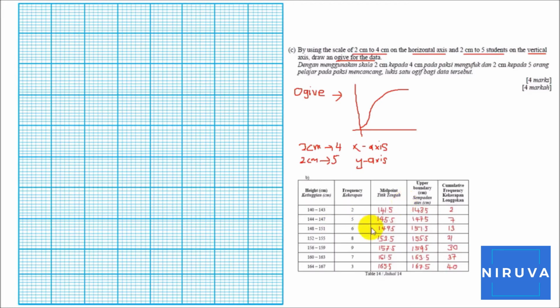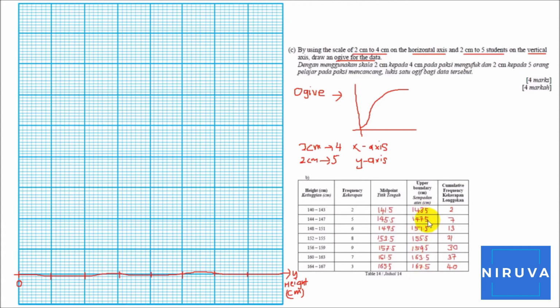So from the table, using the upper boundary and the number of students. So here our x-axis is referring to the height in units of centimeters.